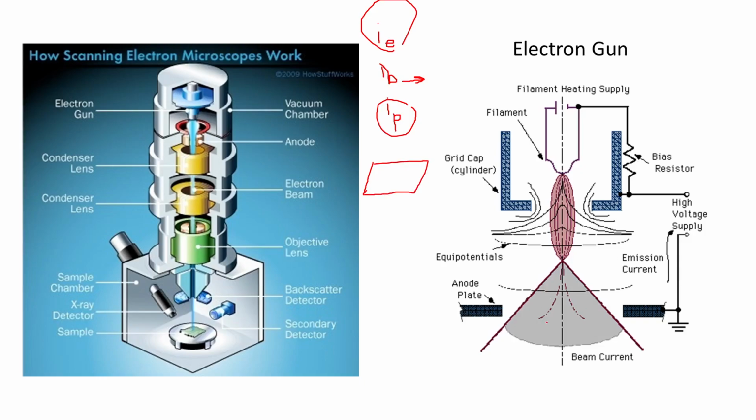There is a lot of loss and gain within the electron current during the passing from the generation up till the region where it reaches the specimen. So depending upon where we are looking, we can have different values of current. The beam current which falls on the specimen is given by I_P, the probe current. This is the smallest among I_B and I_E.